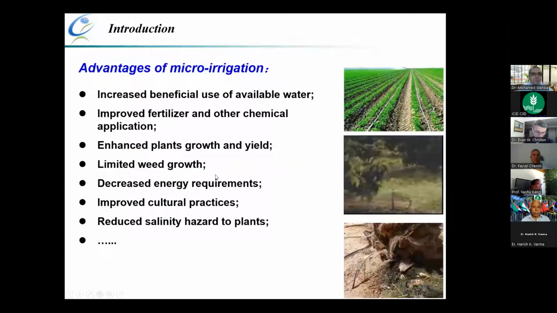The advantages of micro-irrigation include: first, increased beneficial use of available water; second, improved fertilizer and other chemical application; third, enhanced plant growth and yield; and fourth, limited weed growth, decreased energy requirements, improved practice, and reduced salinity hazard to plants.